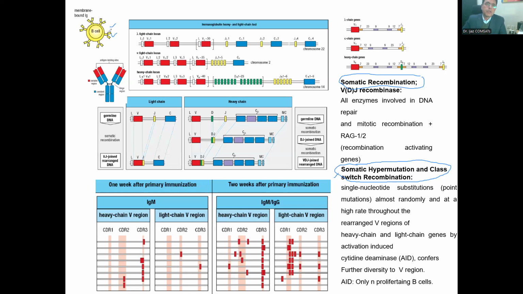You know that this antibody is expressed on each and every B cell, but a B cell that has come in contact with an antigen has found its perfect partner in the shape of a perfect antigen that binds to the B cell receptor. That particular B cell becomes an effector cell. It proliferates. Many clones of the same cells are made in the lymphatic system, inside the lymph nodes.